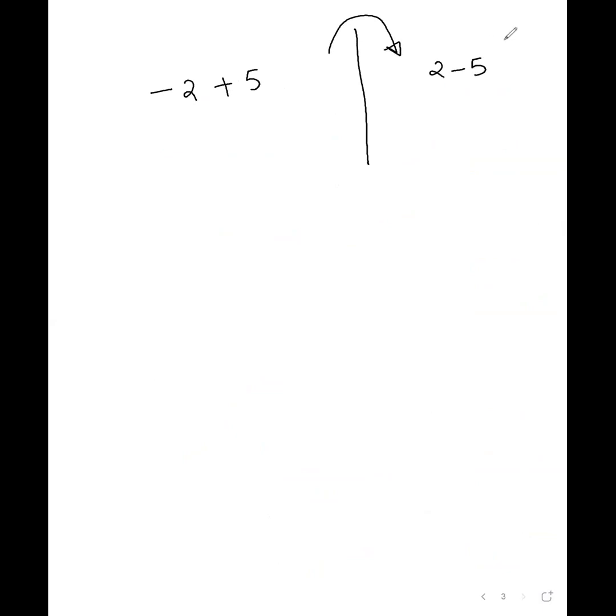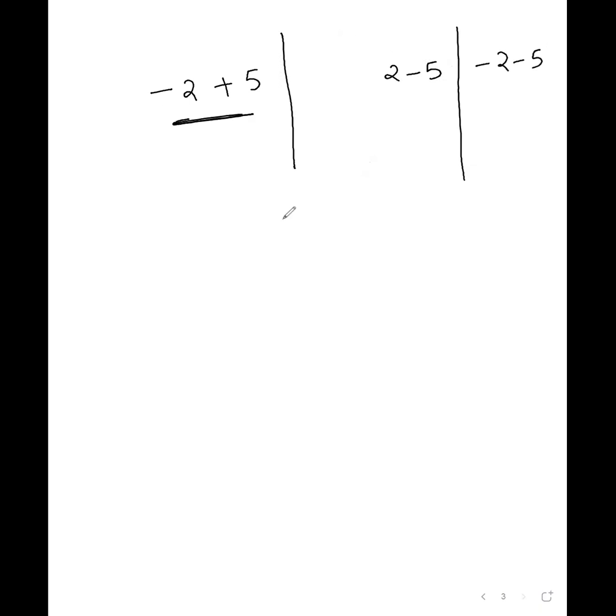Or one more thing that you said was, let's make it minus 2 minus 5. Now let's look at each of these. What is minus 2 plus 5 equal to?